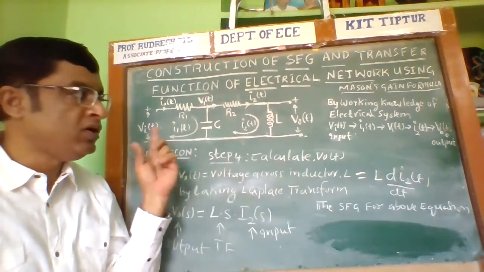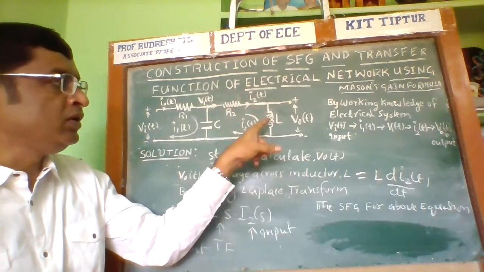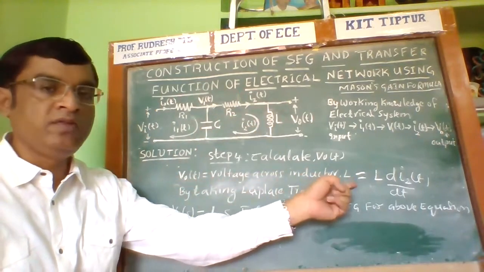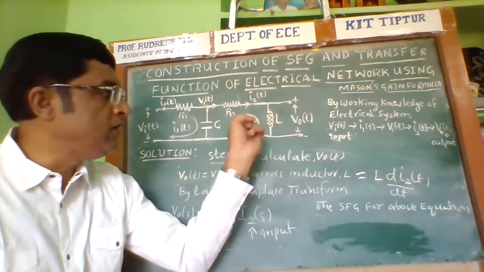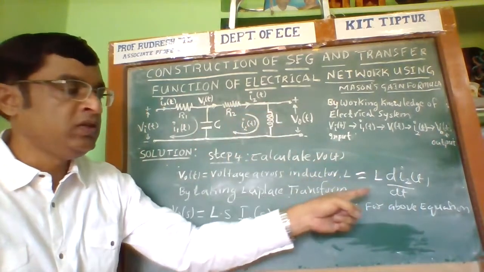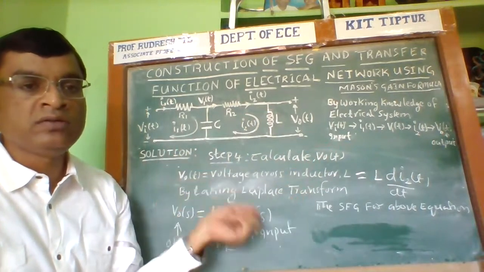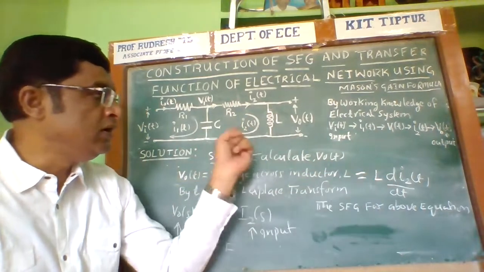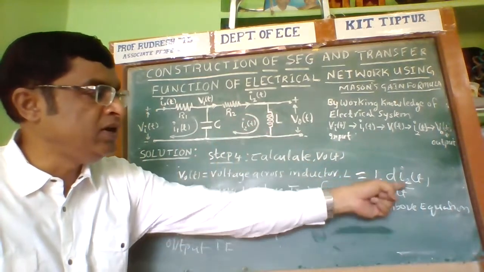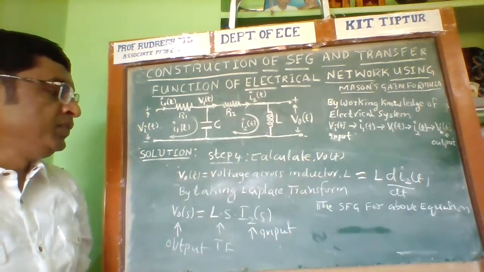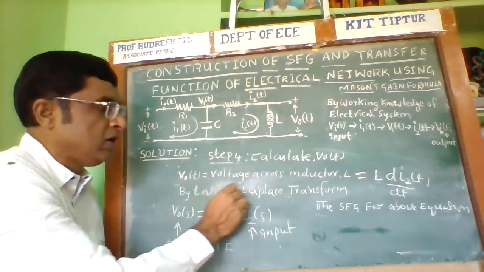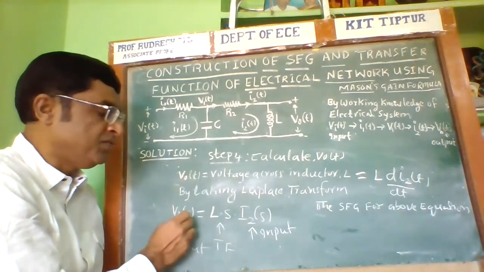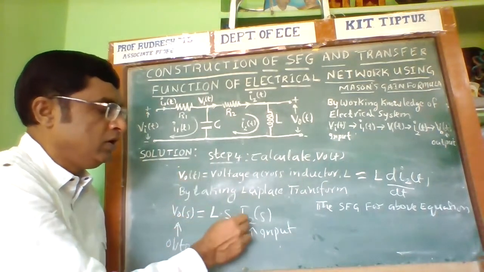Now, how to calculate V0 of t, the voltage across the inductor L? The voltage across the inductor L is equal to L into di2 by dt. This is the standard relation: the voltage across the inductor is equal to L into di by dt. Here I2 is present, therefore d by dt of I2 of t. By taking the Laplace transform, V0 of t becomes V0 of s equals L into s into I2 of s.